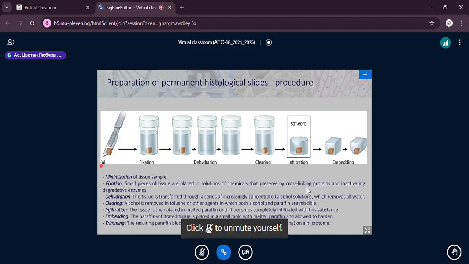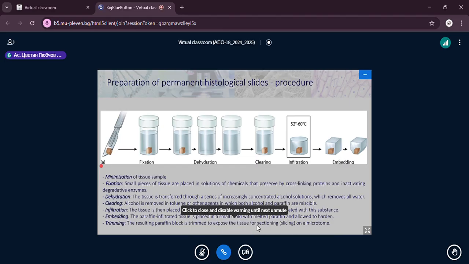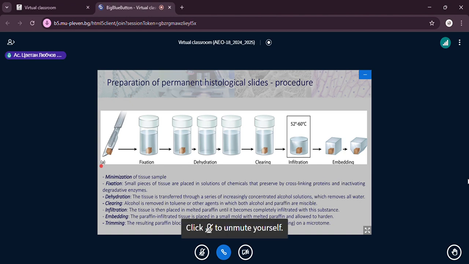The dehydration process, guys, involves using alcohols, or we also call it alcohol rows, starting with the lower concentration between 70 to 80%, then 90, then several times 100% until we are sure that all the water goes out of the tissue. So then what happens? Since the water goes out of the tissue, and most tissues, you know, are formed of 90% water, the cells shrink a little bit.